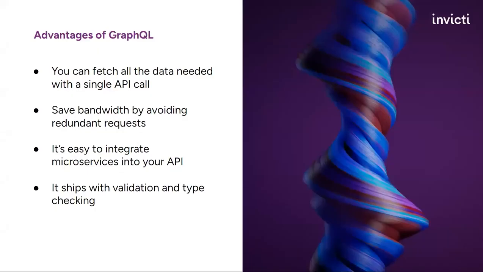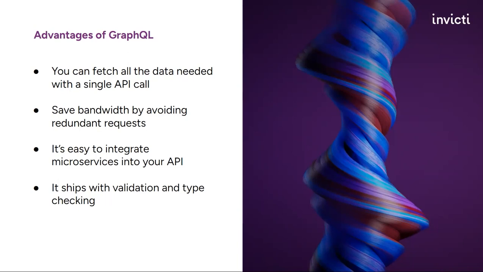I just mentioned this before. You also save bandwidth by avoiding redundant requests. Usually in REST APIs, you need to do several requests. For example, you have to fetch a user ID, and once you have that, you may fetch the posts that are associated with a certain user. So these are already multiple requests that you can avoid with GraphQL.